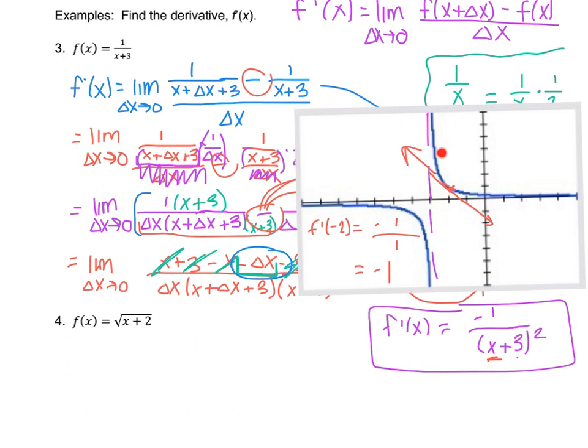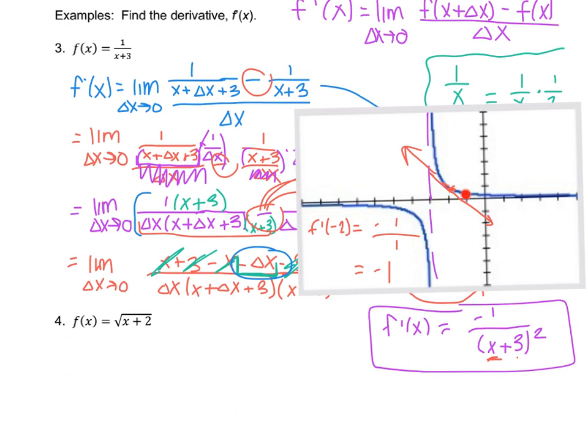It means the slope of this tangent line right there at negative 2 is negative 1. That makes sense. Visually, we can see how a slope of negative 1 makes sense. And we know that at that instant, at negative 2 on our curve right here, the function is changing at a rate of negative 1.